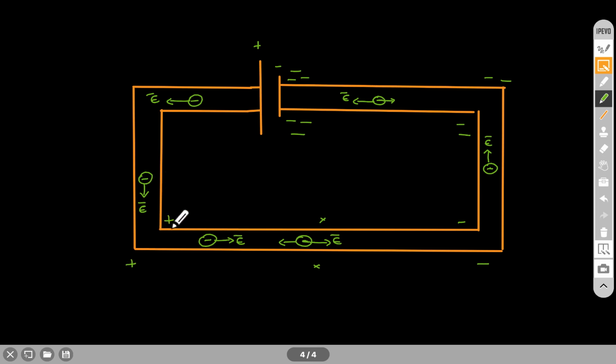And because I have a little bit of positive charge here, if I place some more on this side, it will give me an electric field that points down. And if I have some more on this side, I will also get the electric field pointing to the left.